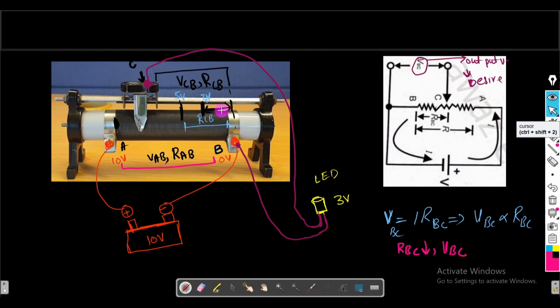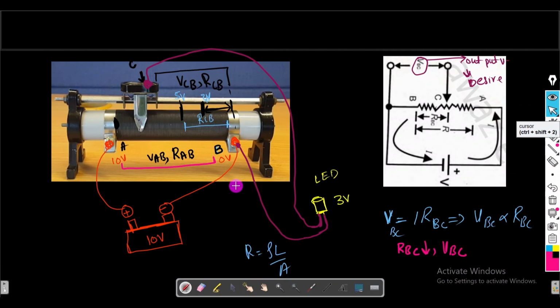If the length of the wire wound around this pipe is less, then as L is directly proportional to R, from the formula R is equal to rho L by A, if I move this sliding contact toward this point B, the length of this wire decreases, due to which the resistance is decreased.